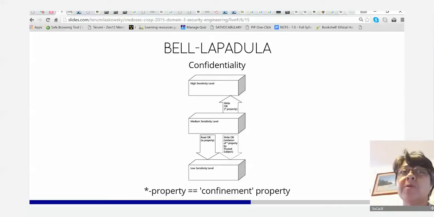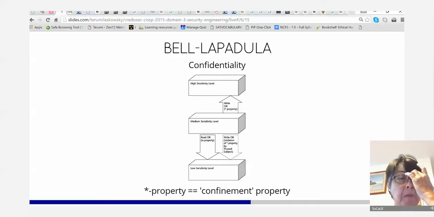But there's an exception. So what is the exception for this? When can you actually provide information from the medium sensitivity level to the lower sensitivity level? When would that be? Terry, you mentioned it.